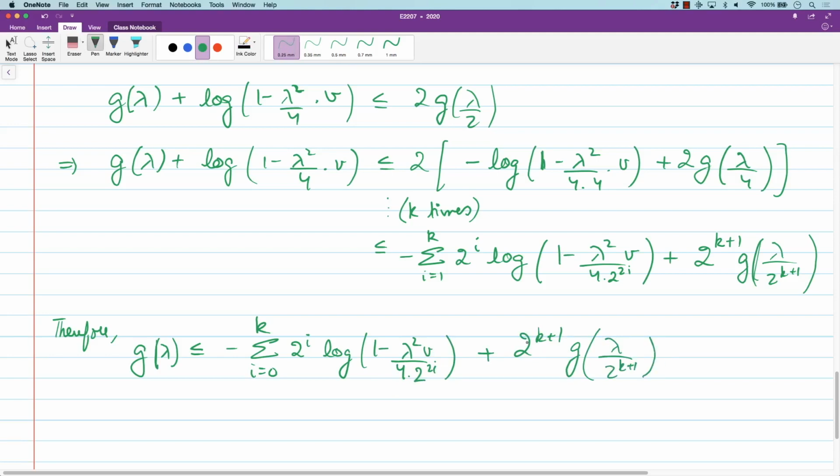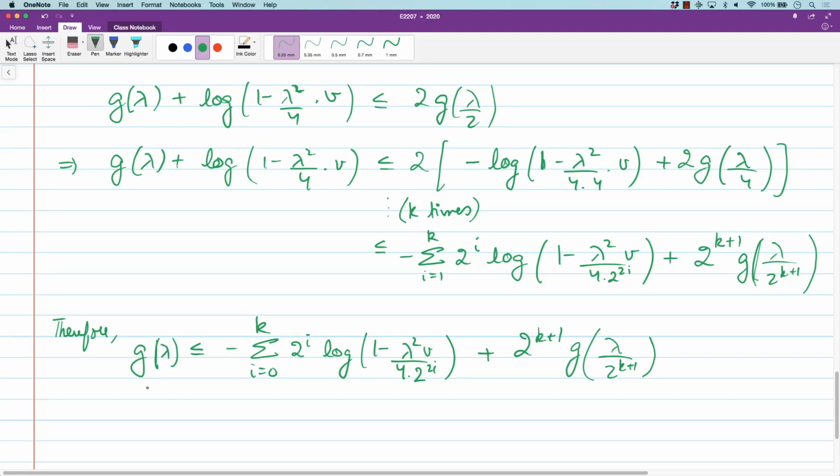So when we take this k to be very large, as we take the limit k going to infinity, what happens to this guy here?